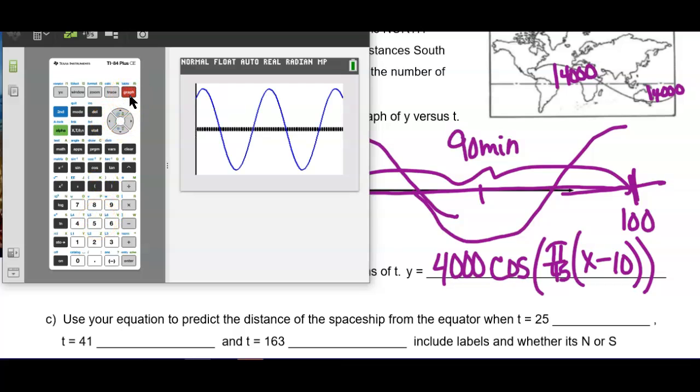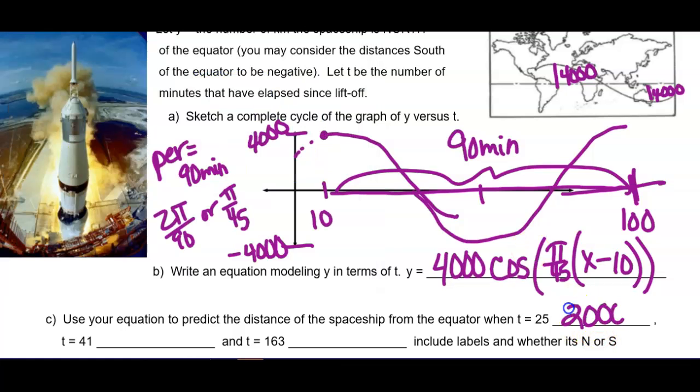So here's the story. And we want to check that at 10 minutes in is when it hit 4,000, and 90 later at 100 is where it was back at 4,000. So our equation is working. It asks where is it at 25, and I have 2,000 north of the equator.